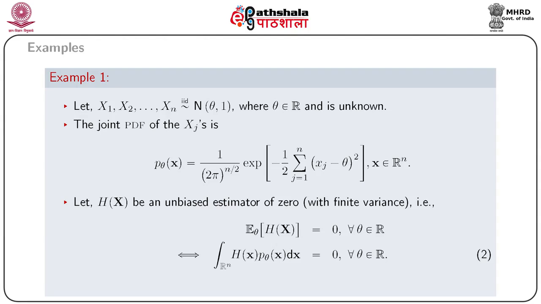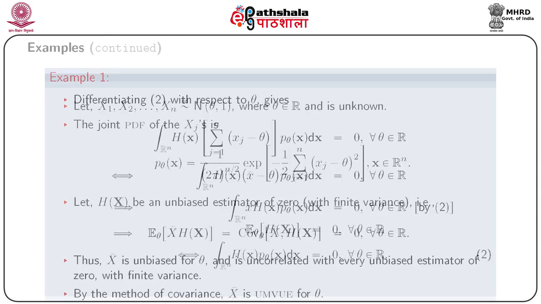Let H be an unbiased estimator of 0. That is, the expectation of H equals 0 for all θ, which implies the integral over R^n of h(x) f_θ(x) dx equals 0 for all θ.